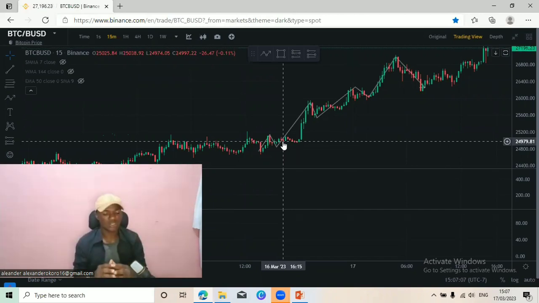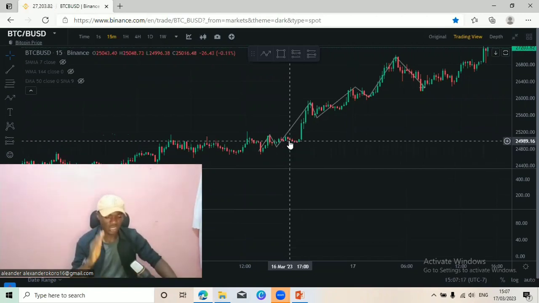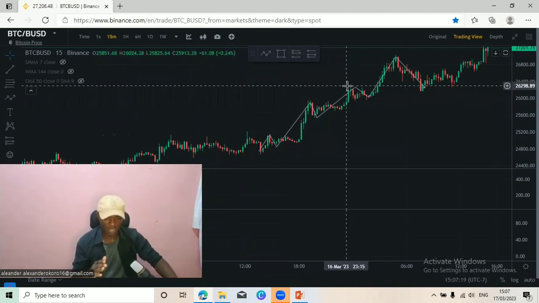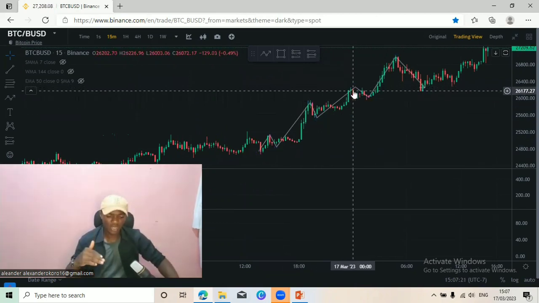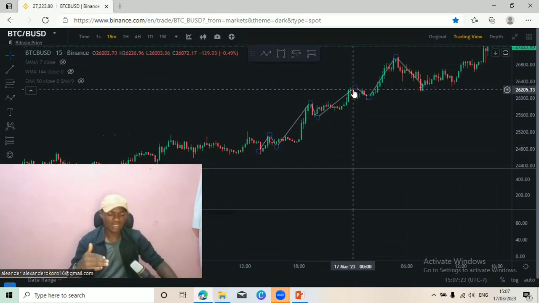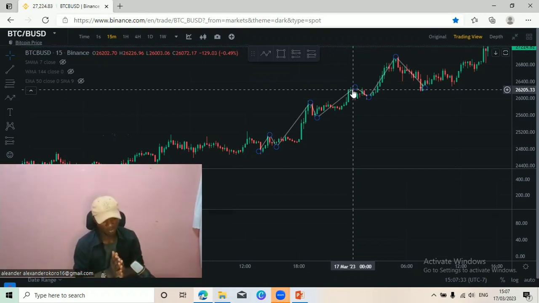So it is established that this particular asset is at this moment in uptrend. So whatever we are doing, we should be conscious of that. So we are looking for a way, in the sense that when we draw our support, it turns to resistance, and when we draw our resistance, it turns to support. So we can take a possible entry from that.